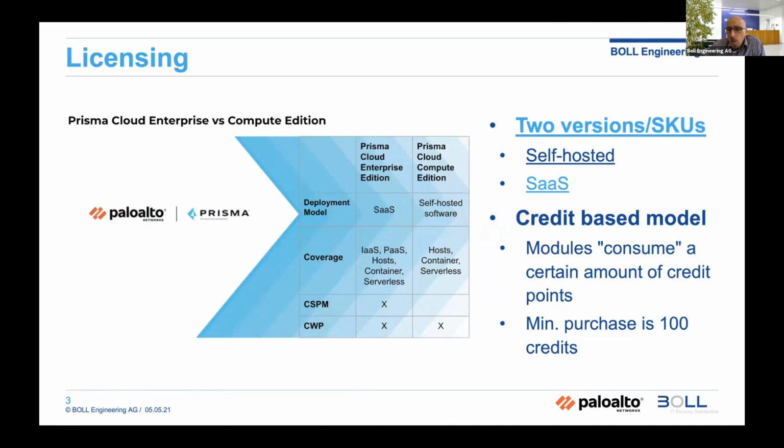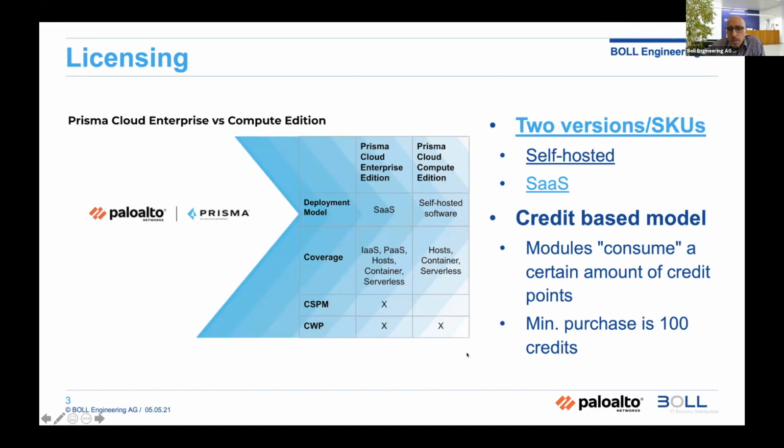It has all the modules available as Nico showed you before. So the CSPM module, the cloud security posture management, is available, as well as the cloud workload protection module. If you want to host the software itself, on-prem, for example, then only the cloud workload protection modules are available.